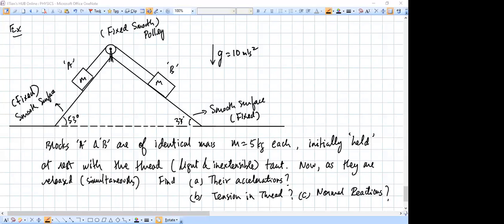Aditya, the other way around. Normal reactions are... and also, they'll be multiplied by g also, right? So you need to multiply your answers by 10.